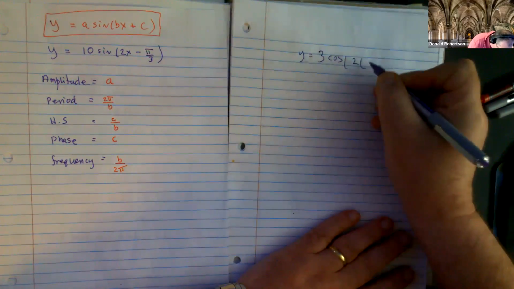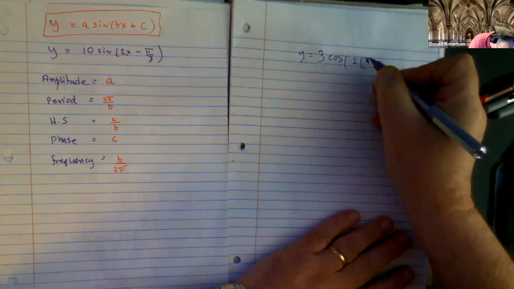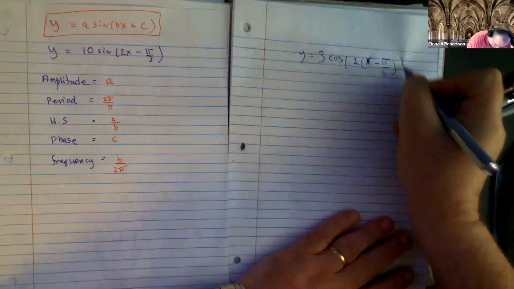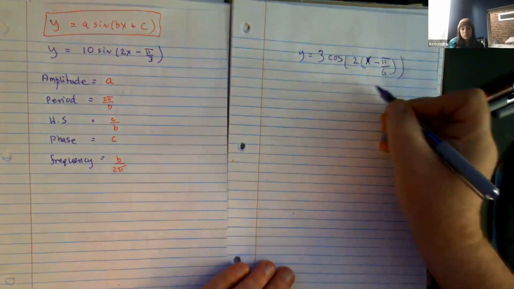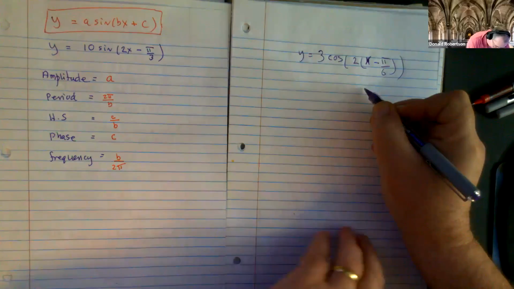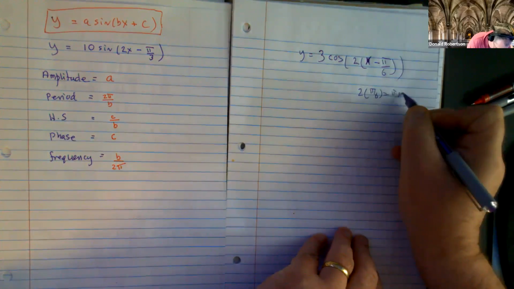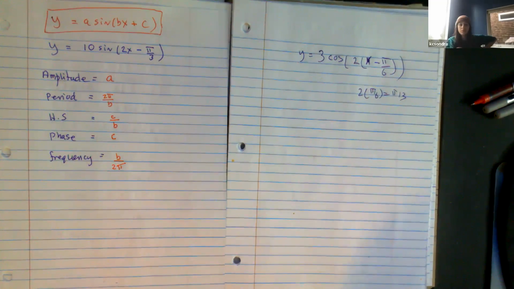So if they factored out a 2 like this, and you're saying, is the phase, this new guy, 2 times pi upon 6, which would be what, pi upon 3? Is that what you're thinking? Yeah. You are bang on. That's exactly what it is.